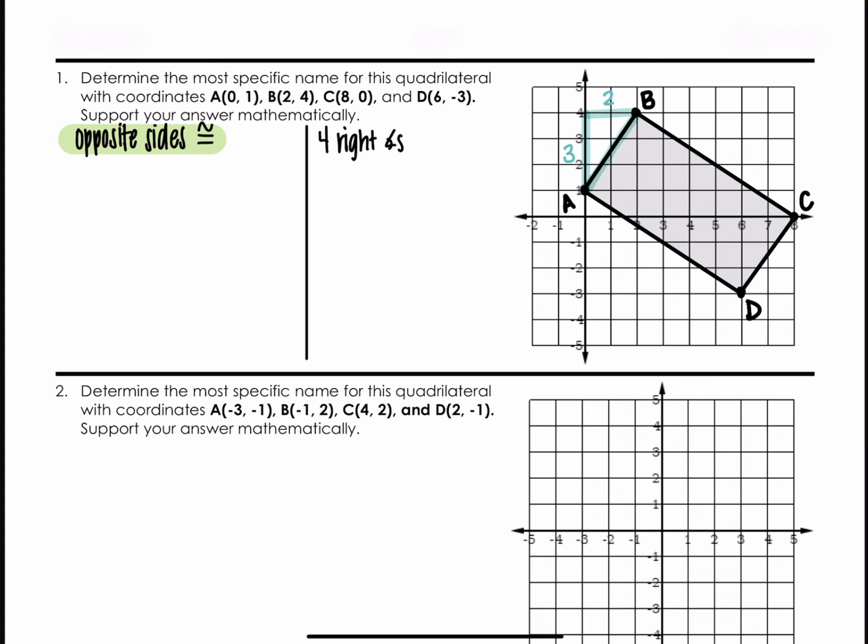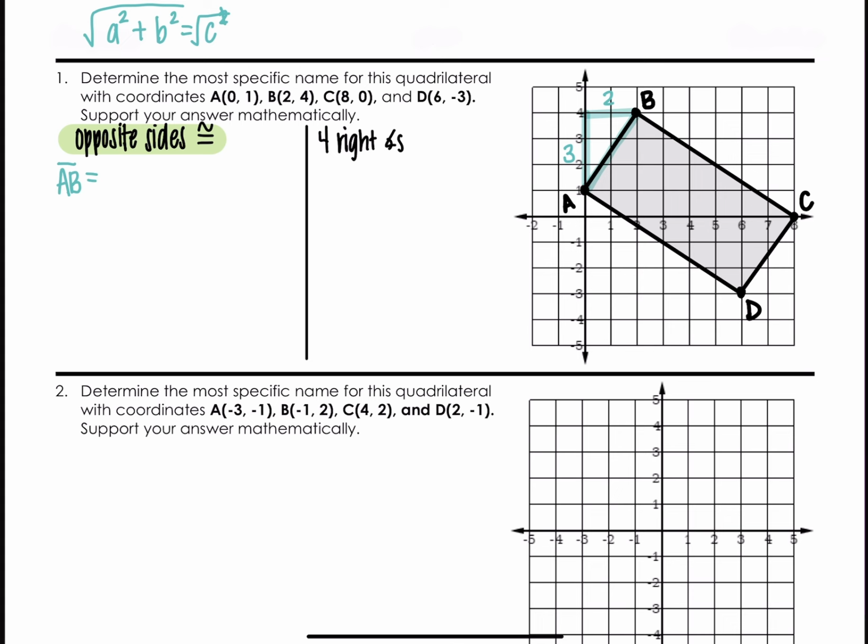So I can see that this triangle that I just drew is 3 units tall and 2 units wide. So I'm going to say the length of AB is, now remember Pythagorean theorem, a squared plus b squared equals c squared. I can shortcut this by going ahead and taking the square root to cancel that out.